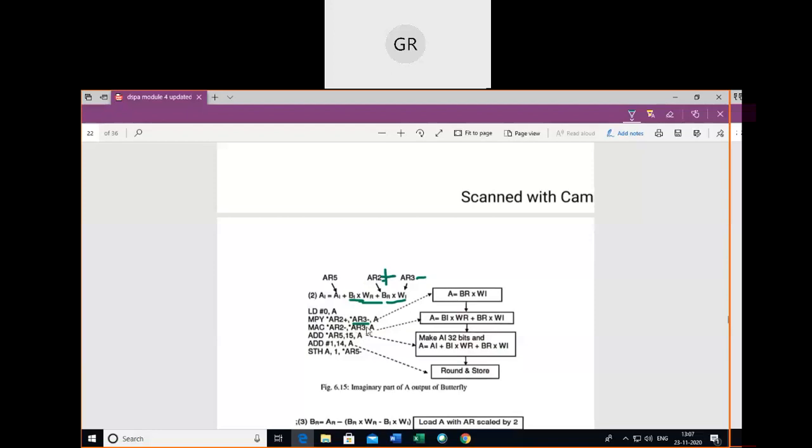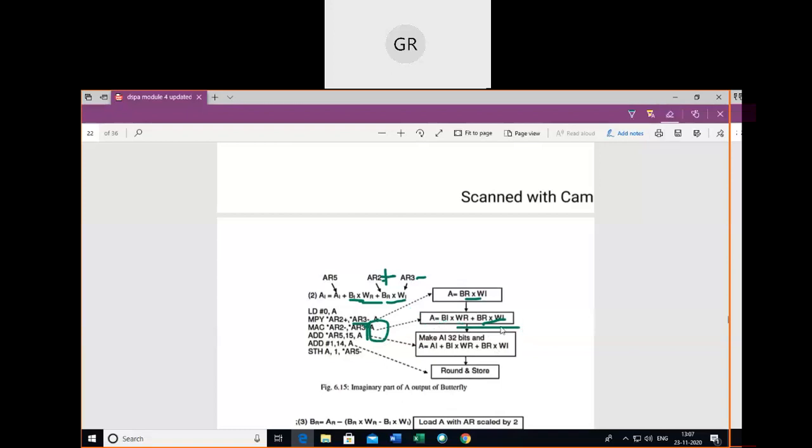You can write star AR2 comma minus star AR3 plus, multiply this one. This means BIWR. Then add it with the A value, this one. Again it is accumulated and stored in the A register, which holds this part.